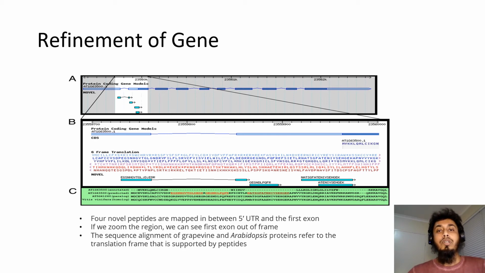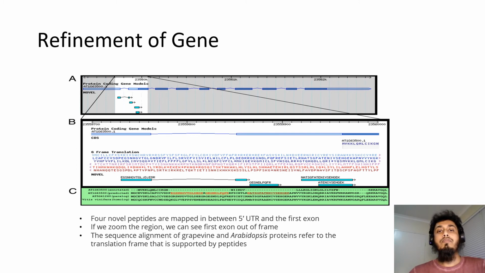So for example, here the 81G63500, a protein kinase, has four novel peptides in the annotated 5' untranslated region. These peptides point to a large expansion of a gene and a misprediction of the current first exon.